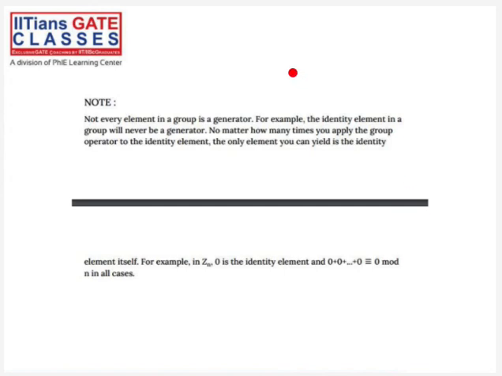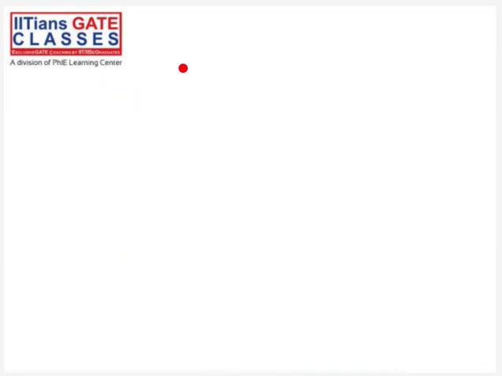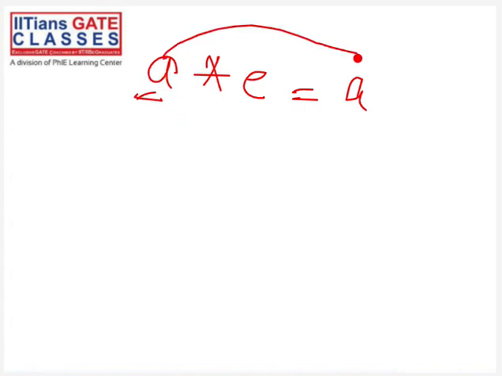Now, remember that the identity element can never be the generator. Why? You already know the property of the identity element: if you apply it with anything, you get that thing back.